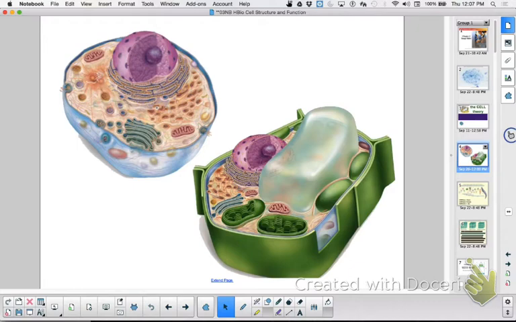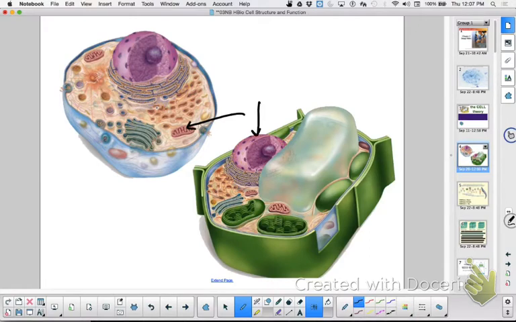Okay, you tell me what it is. I'll point to it, you tell me. What is that right there? Mitochondria. Good. What is this? That's the nucleus. What's this? Nucleolus. What's this? Vacuole. What's that? Chloroplast. And this? Golgi apparatus.